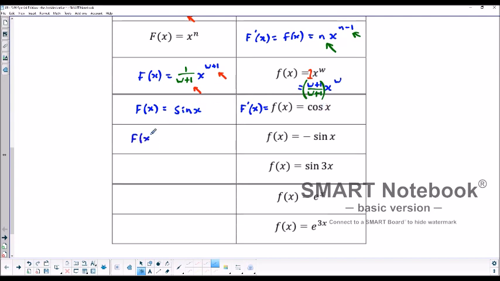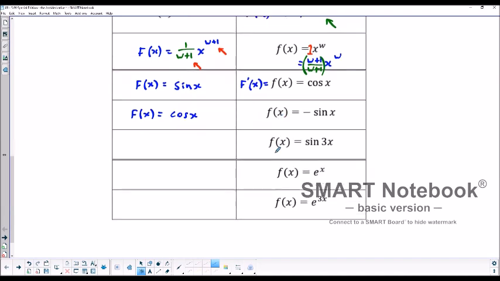When we look at this negative sine x, if we differentiate cosine x, we get negative sine x. So these are the antiderivatives of these values over here. We always have to test ourselves to see what we need to differentiate to get the original question that we're given in the problem.